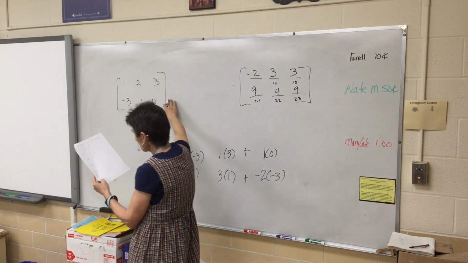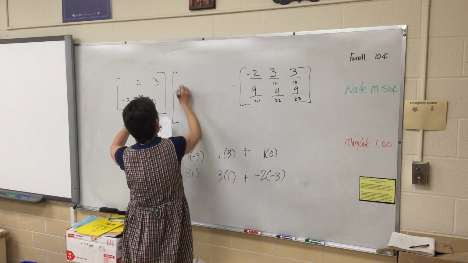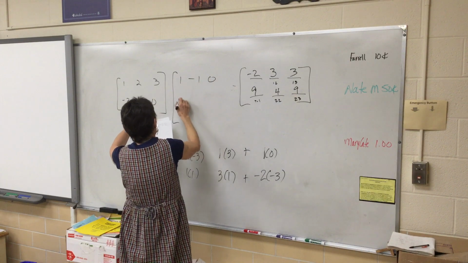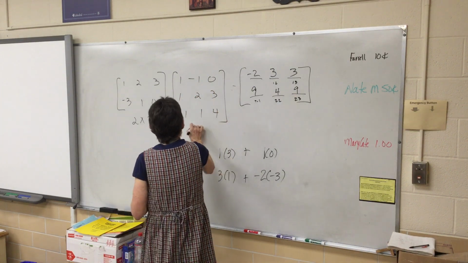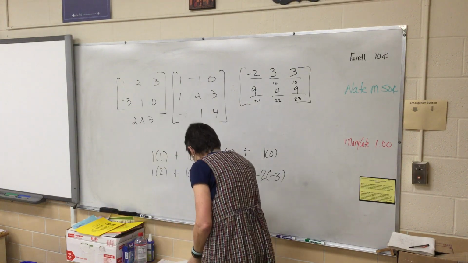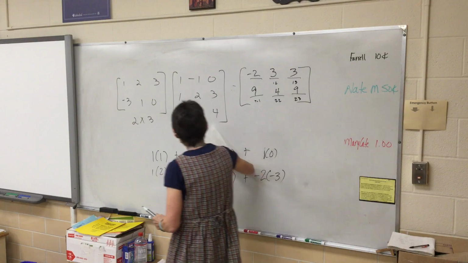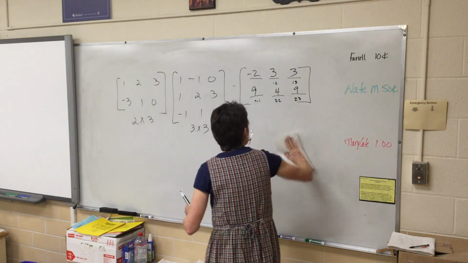That is matrix G times matrix E, which is a 3 by 3. So Kennedy was right when she said that works. It does.